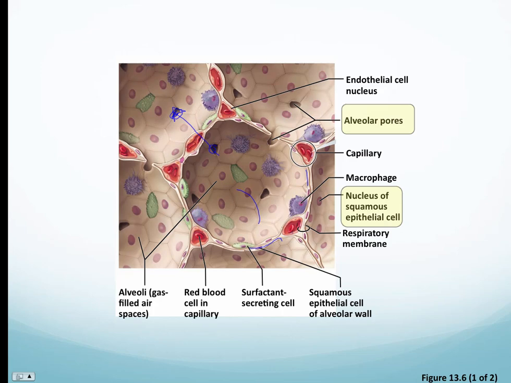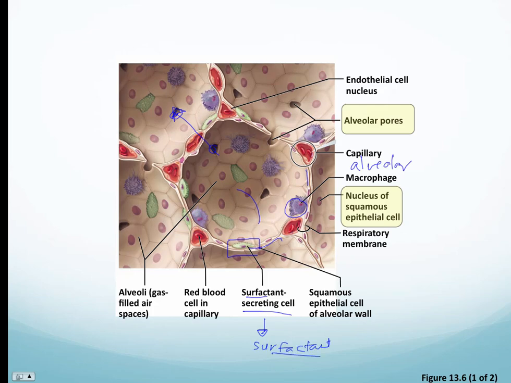And also we have alveolar macrophages. And this is going to be used for the immune system response. Anytime we have pollen, anything foreign into our body, these macrophages are going to engulf it, bring it into our systemic blood flow, and then we can target it for destruction by our lymphocytes and our white blood cells. And what's also very important here, we have these specialized cells called surfactant secreting cells that produce surfactant.